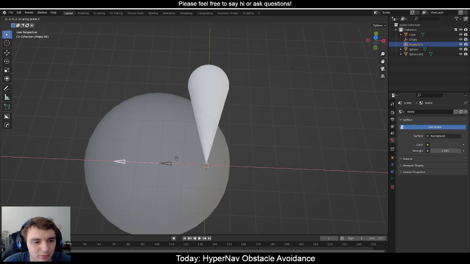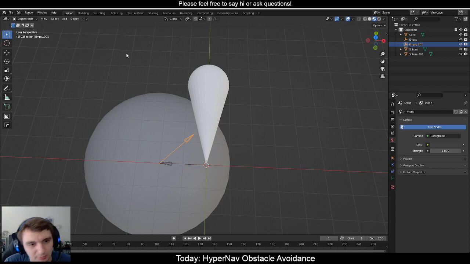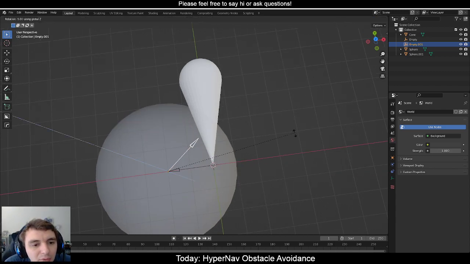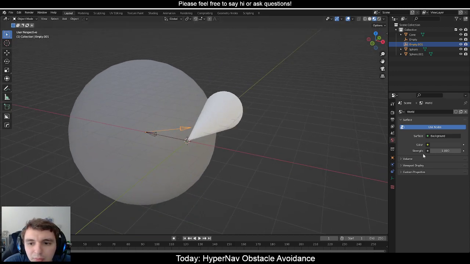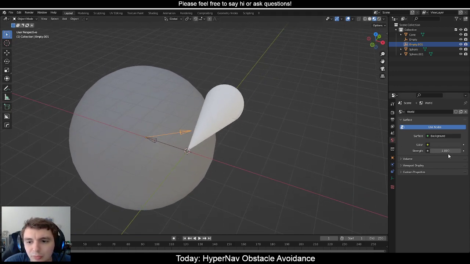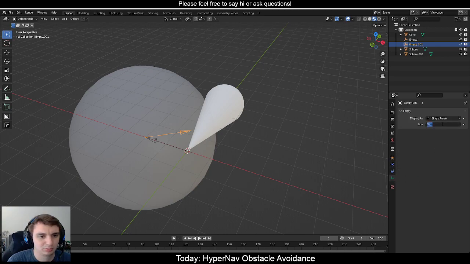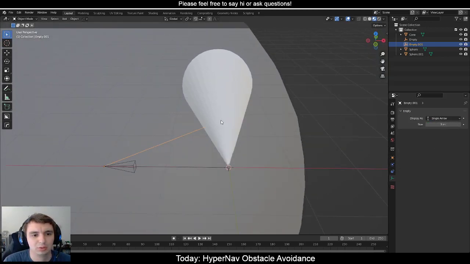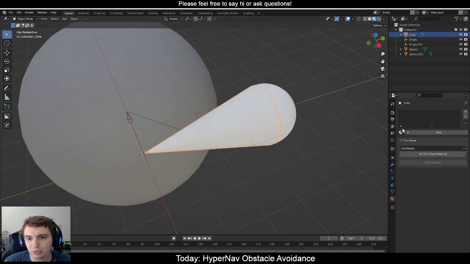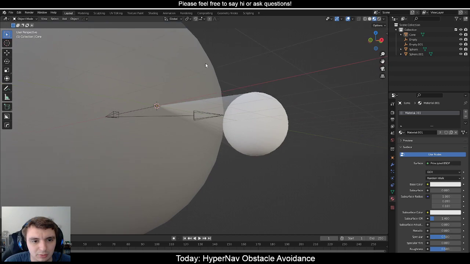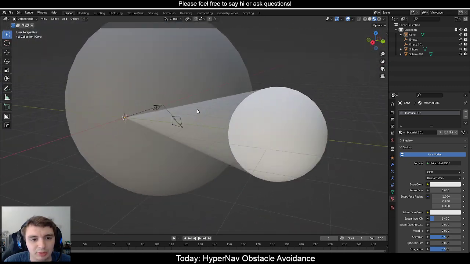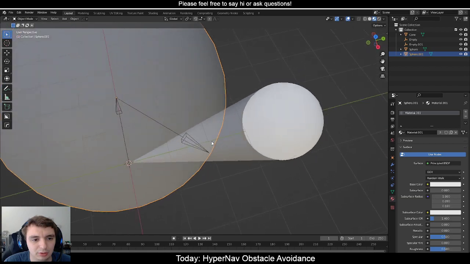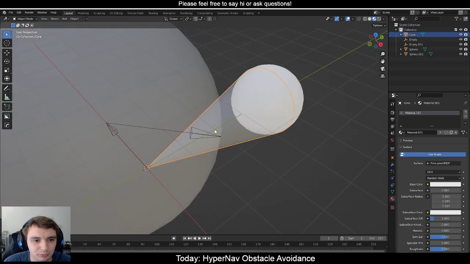Then, all right. Oops. Should have two, right? Oh no, that's the material. We want this cone to be transparent as well, so we'll just use that material. All right. So we have a circle, not a circle, an oval.